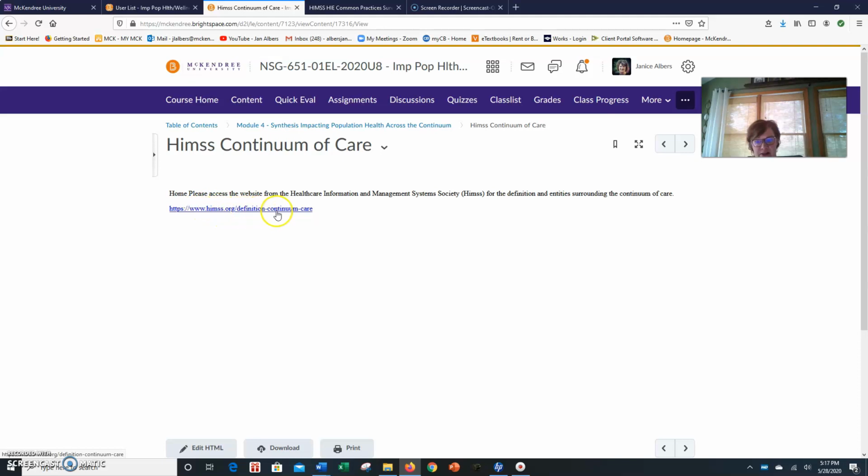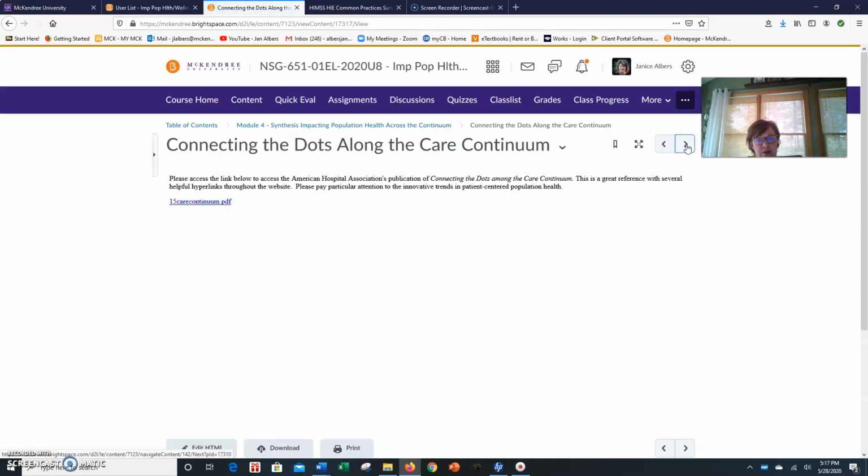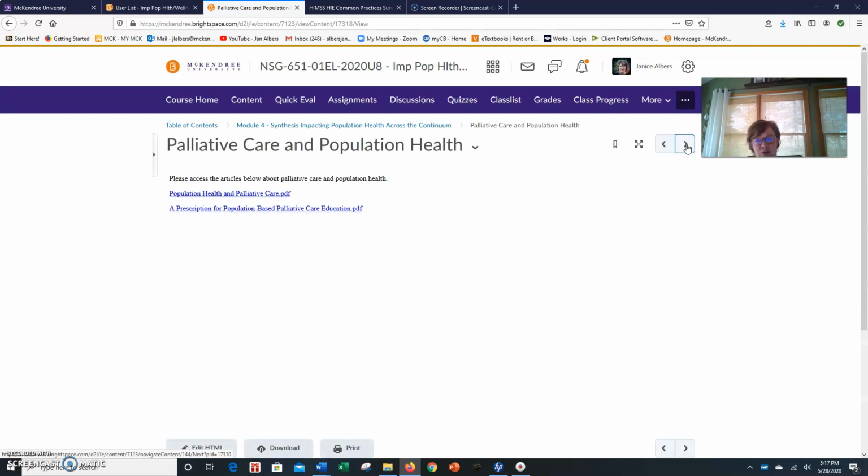And then you'll find additional information regarding the Health Information and Management Systems Society, their definition of the continuum of care, and connecting those dots along the continuum of care. And that's what it's all about, is putting those dots together, filling in those gaps, and breaking down those silos. So you'll find some very valuable resources included here, and foundational information on palliative care as well.